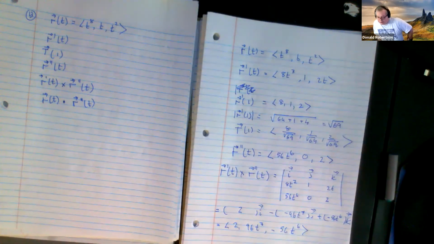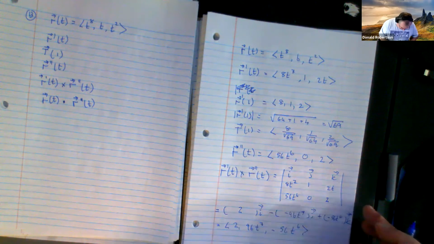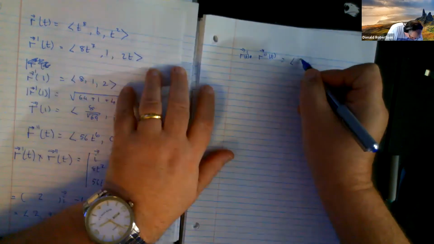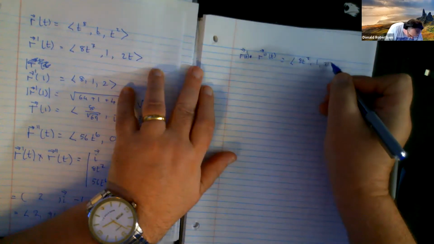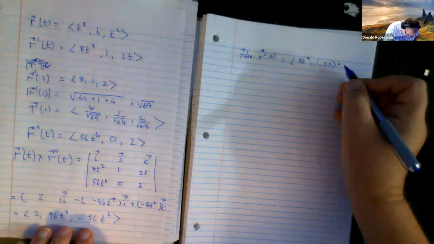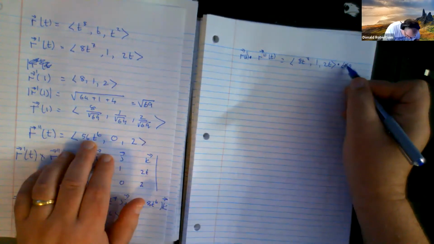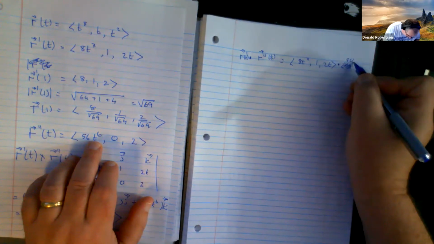Are you comfortable about how we calculated the cross product, even although it didn't have numbers, it had t to the 6s and t cubes and whatever? And this added one is the dot product of the first and second derivative. The first derivative is 8t to the 7, 1, 2t. Dot product with the second derivative, 56t to the 6, 0, and 2.